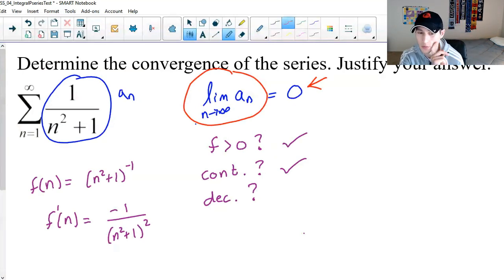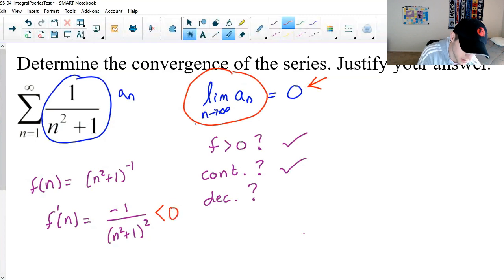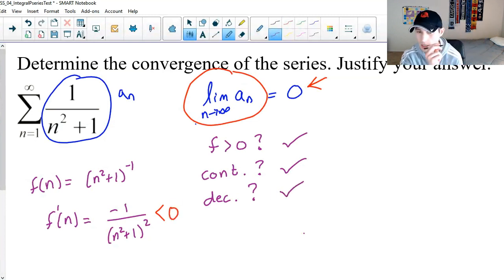By looking at that derivative, the denominator will always be positive because it's always getting squared, and the numerator is always -1. So I feel definitely confident saying this is negative. So the function is decreasing on this interval.